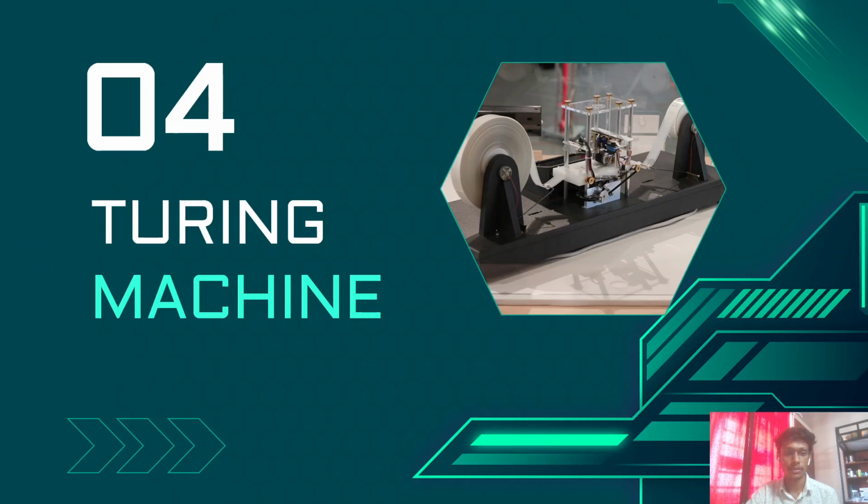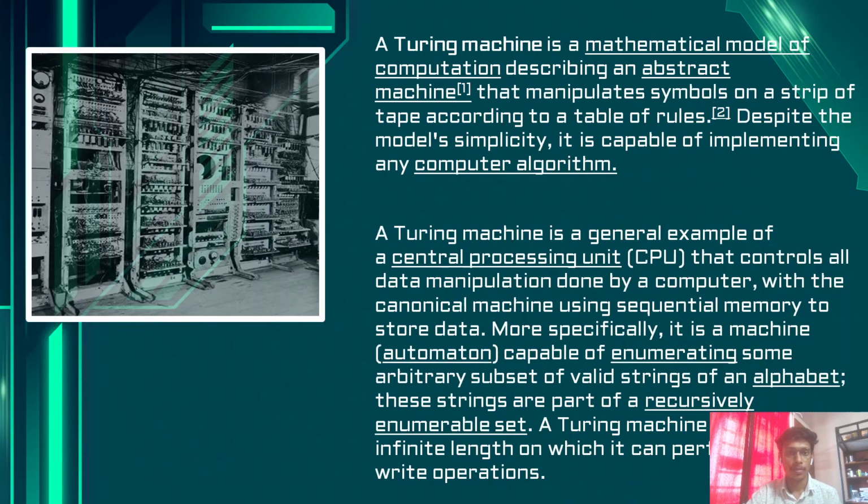So now, what is a Turing machine? Basically, a Turing machine is a mathematical model of computation describing an abstract machine that manipulates symbols on a strip of tape according to a table of rules. Despite the model's simplicity, it is capable of implementing any computer algorithm, however complex.